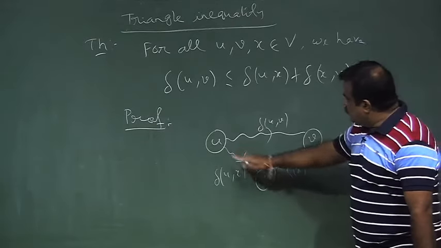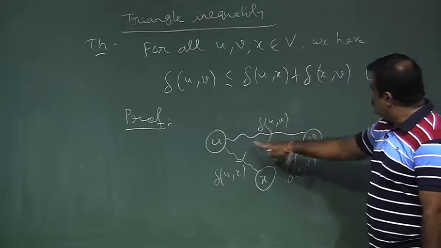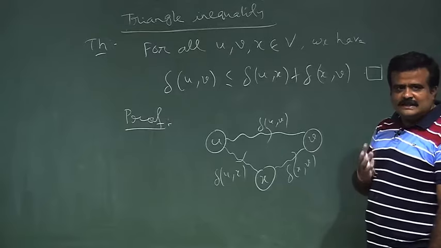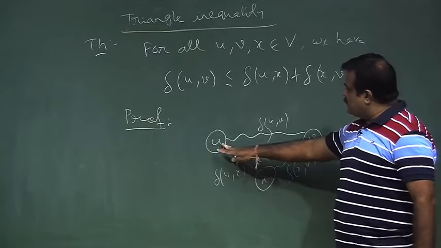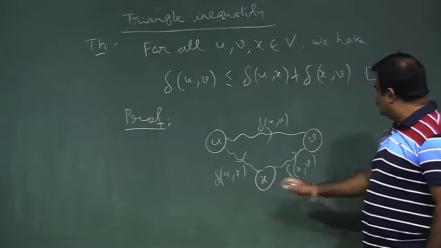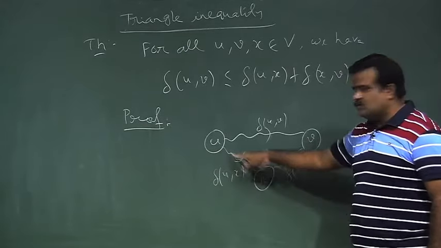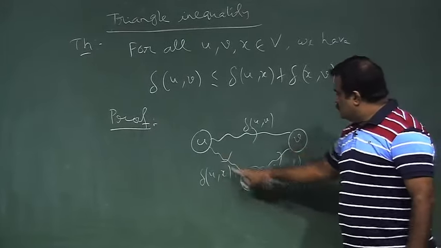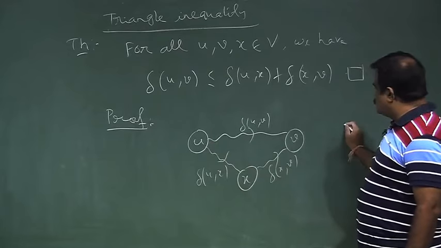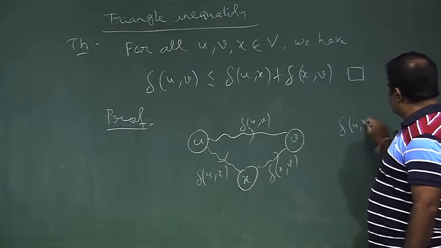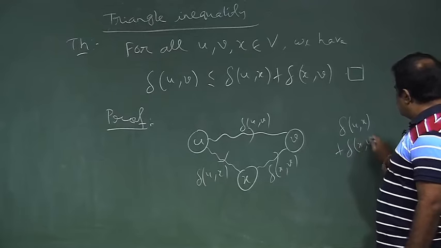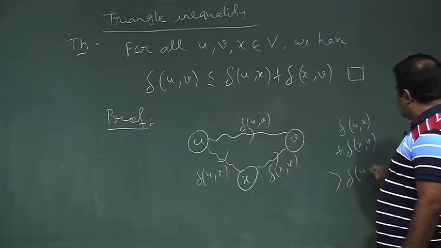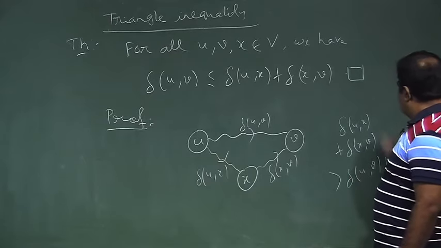Delta is the weight of the shortest path, so it must be less than or equal to the weight of any other path. If we go from u to x taking the shortest path, and then from x to v taking the shortest path, that is a path from u to v with cost delta of ux plus delta of xv. This path has to be greater than or equal to the shortest path from u to v. So that is the theorem.